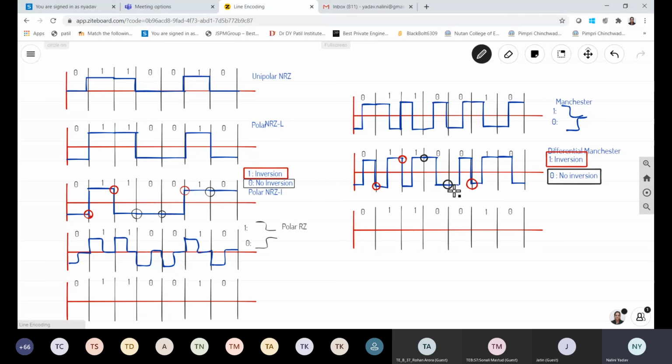So I continued at this point. You can see, I went straight. I have not crossed the axis in between. Again, after this 1, there is a 0. So I continued here. Clear? So I hope this differential Manchester is clear with all of you.